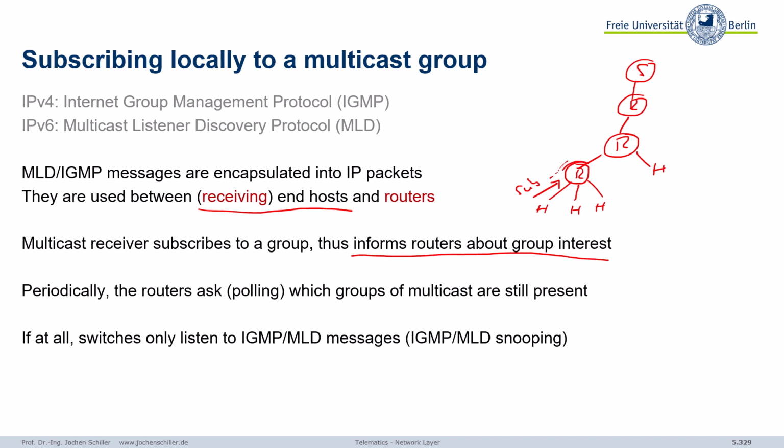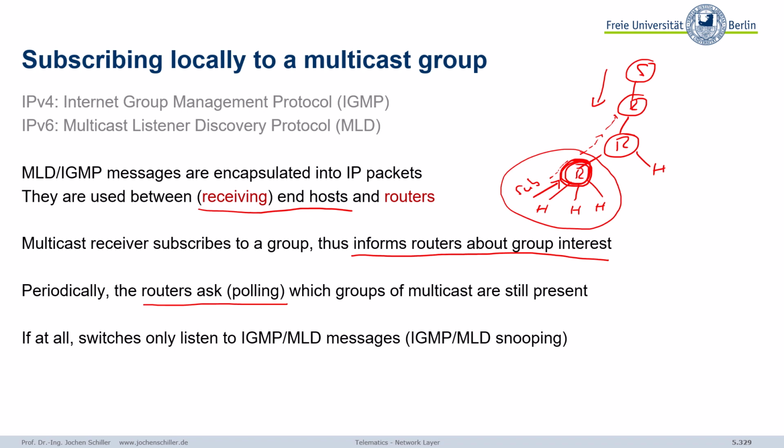So then this first router knows someone wants to receive this multicast stream that comes from the sender. And this subscription can be propagated through these routers towards the source, as we will see later with examples. But after the routers know that someone in the network subscribed to the multicast group, they also poll if the groups are still present.